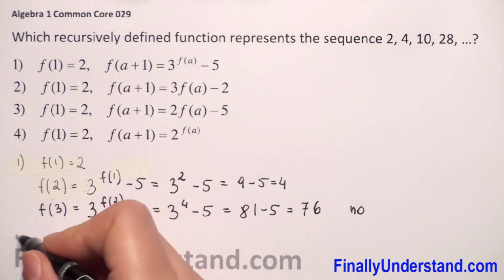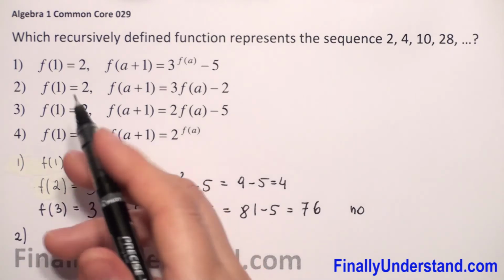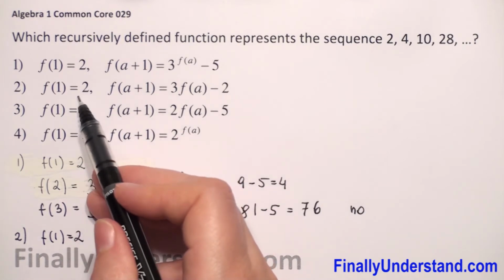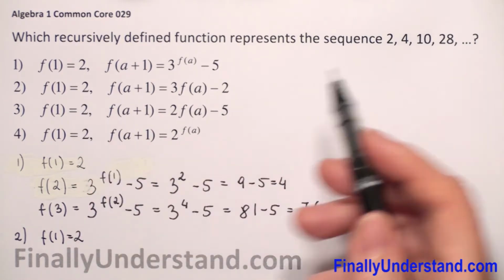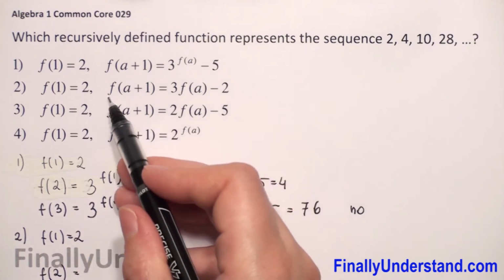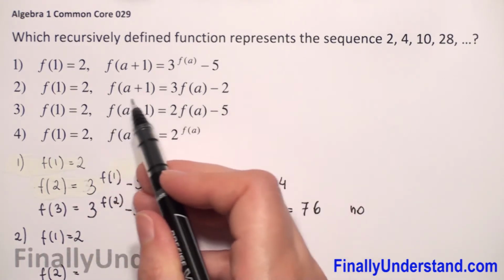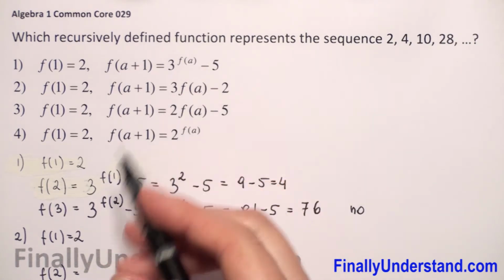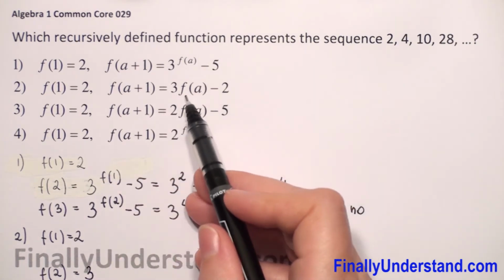Let's check the second. The first term, f of 1, is given as 2, so everything is okay. What will the second term be? We have to use this formula to find it. So this is 3 times f of a.